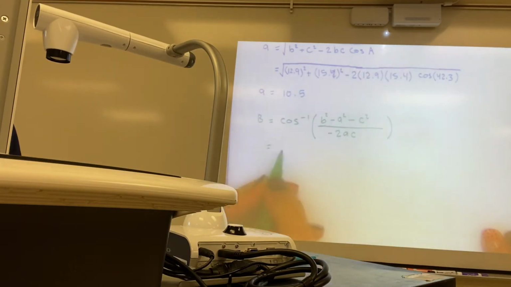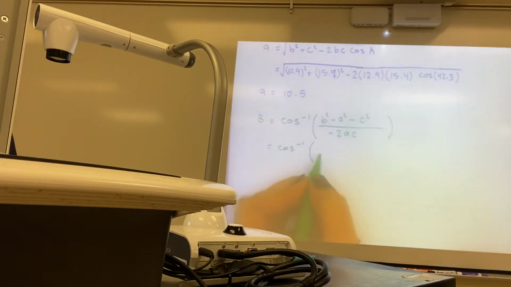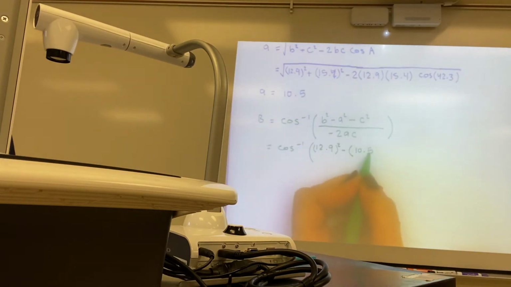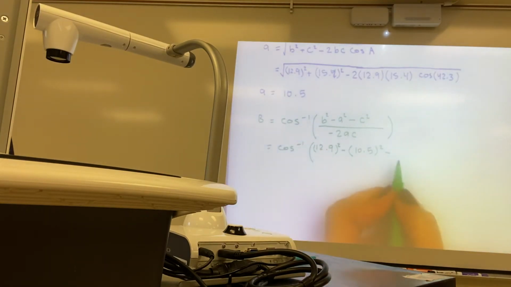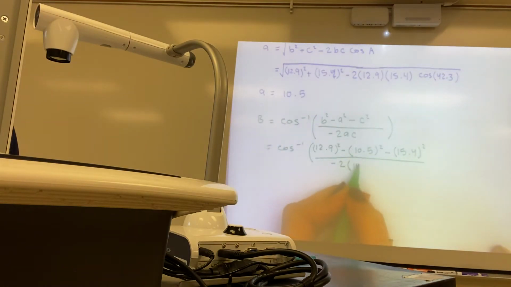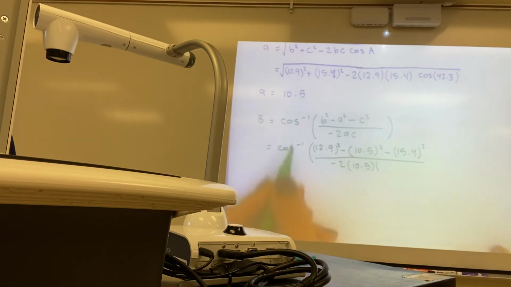And this should be cosine inverse of 12.9 squared minus, I found A, it's 10.5 squared, minus C squared, which is 15.4 squared, divided by negative 2 times A, which is again 10.5, and C, what was C? 15.4.